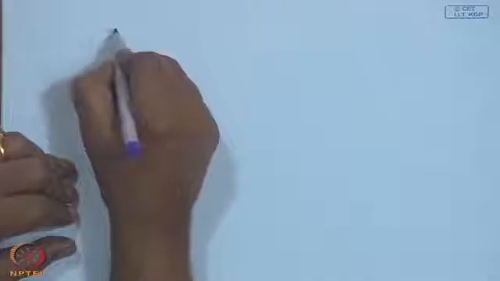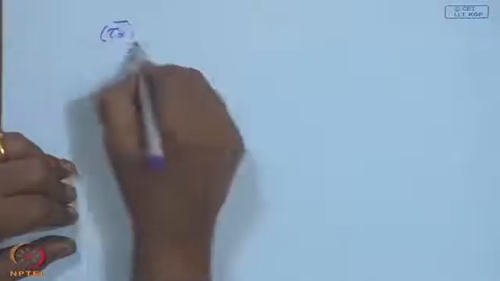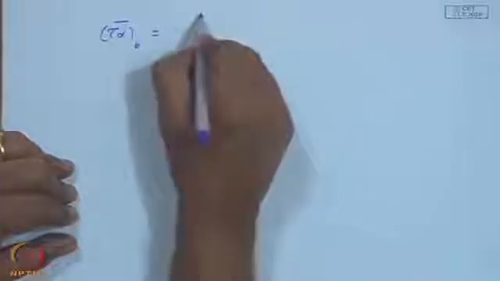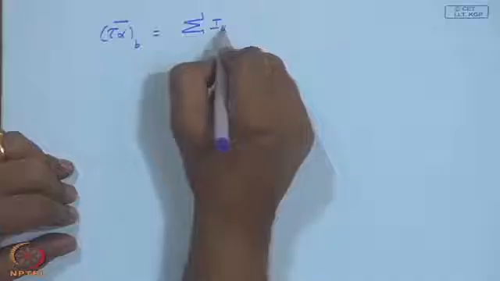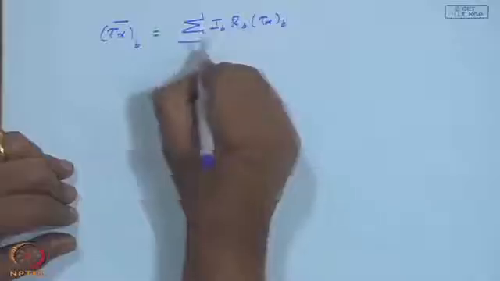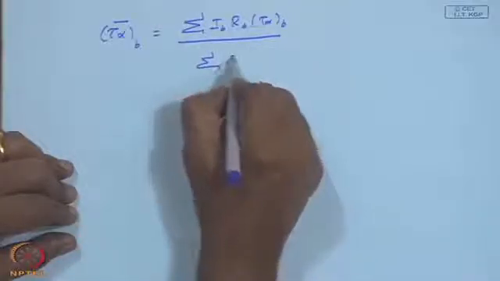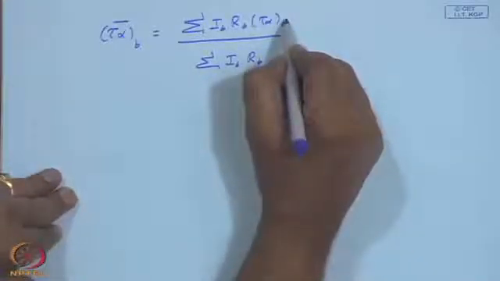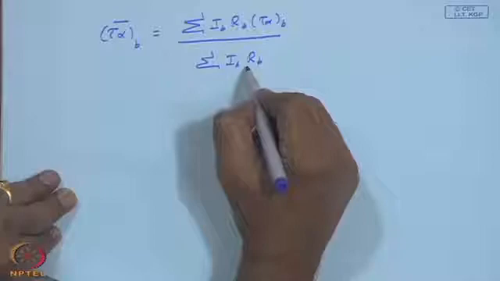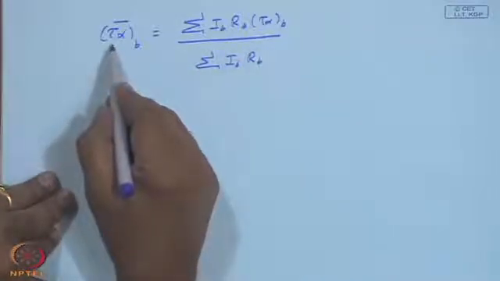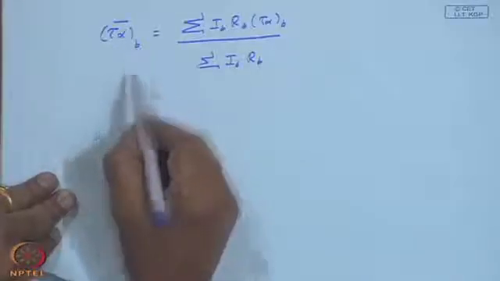However, since I b changes, this tau alpha bar for direct radiation should be defined as a weighted average, this is the absorbed direct radiation by the absorbed radiation falling on the collector, which will give you the average transmittance absorptance product for the direct radiation.